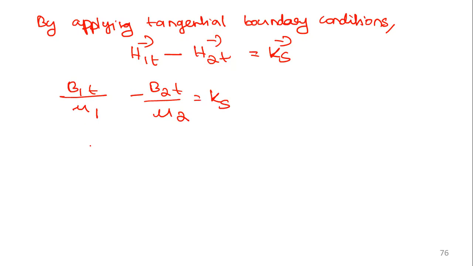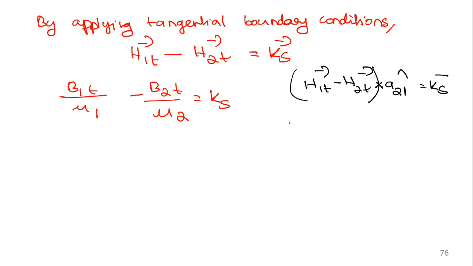Okay, so how will we proceed with that? So you can write H1t minus H2t is equal to Ks. Then what does that mean? This can also be written as H1t minus H2t cross product with A21, because A21 is a unit vector, is equal to Ks.